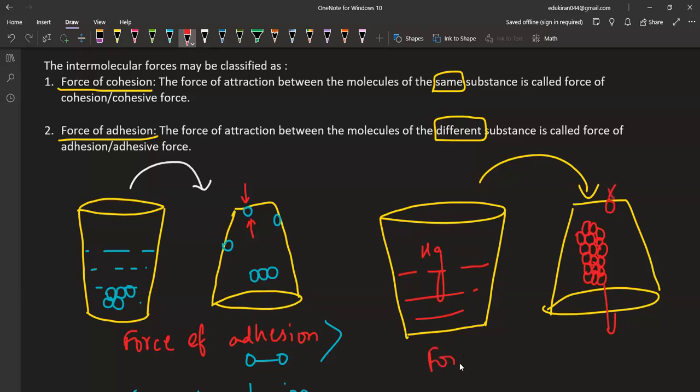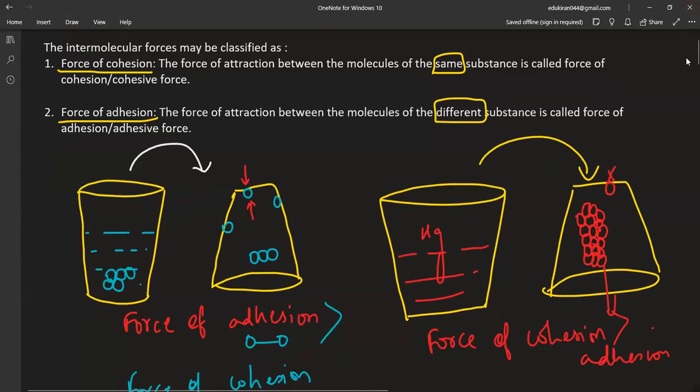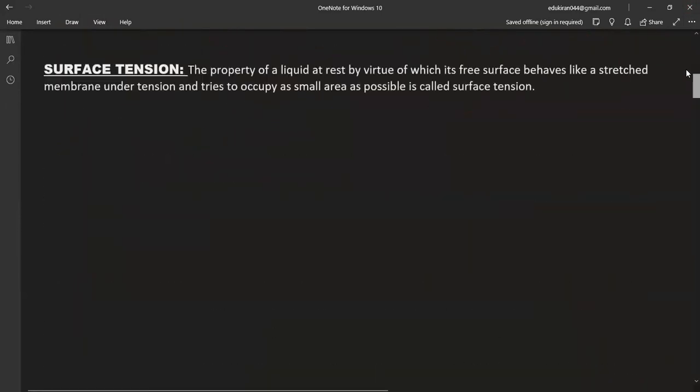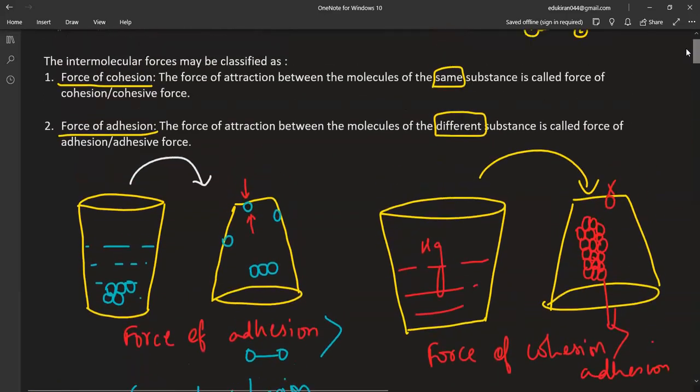So in this case, for the same molecules like mercury, the force of cohesion is greater than force of adhesion. This is the basic application-based question that comes in the exam also, and you have to remember. Okay, surface tension, I'll tell first, write down this.